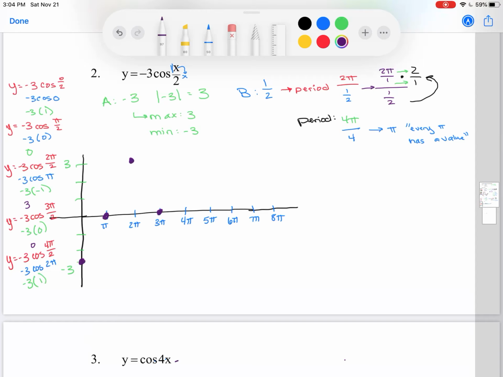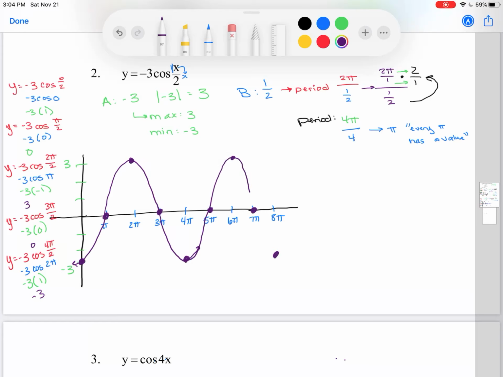I'm saying, well, what is y when x is 4 pi? Which is essentially saying, well, what is -3 cosine at 2 pi? Cosine at 2 pi is just 1. Therefore, my coordinate is at -3 when I do my 4 pi.